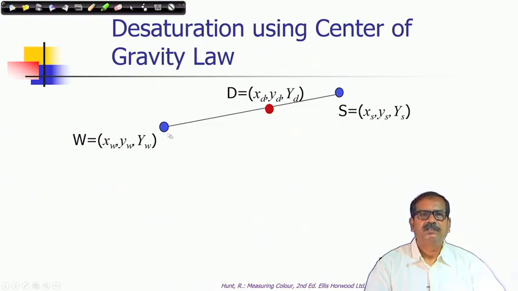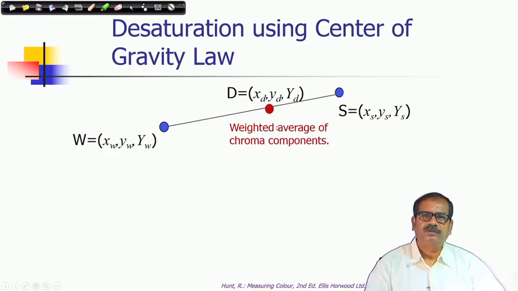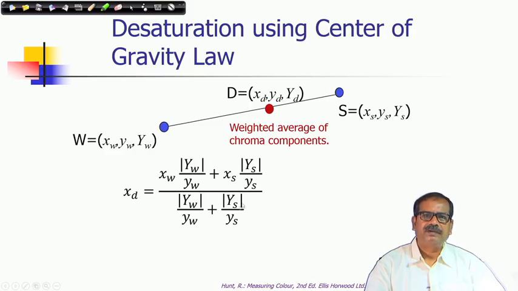Given these 2 points, W and S, the color point in the xy chromaticity space, you can get a desaturated point between them with respect to S by following a property called the center of gravity law, which means it is a weighted combination, and the weights are chosen in such a way. So, these are the weights.